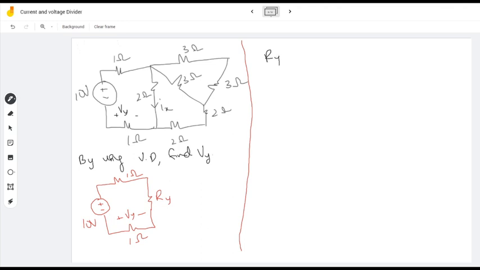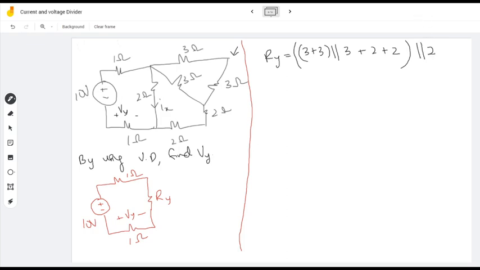So Ry will be, you go from the furthest end, right? You look, they are in series, so 3 plus 3 in parallel with this 3, and then they are in series with 2 and 2, and then the whole lot is in parallel with these 2.